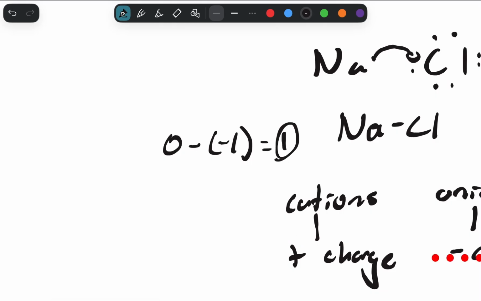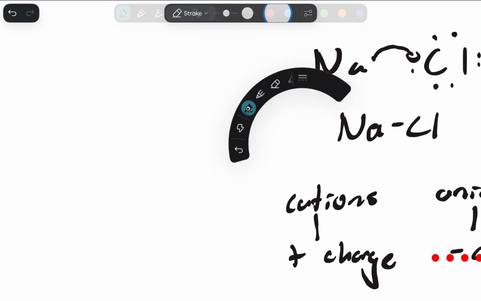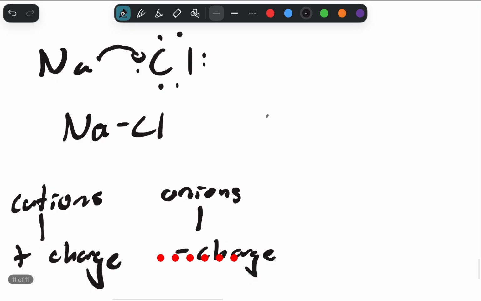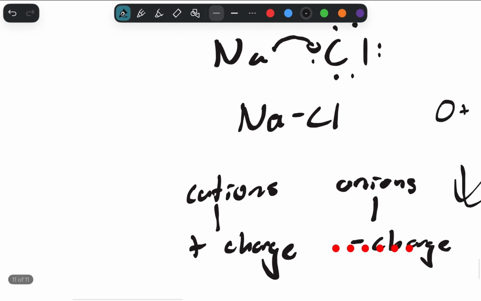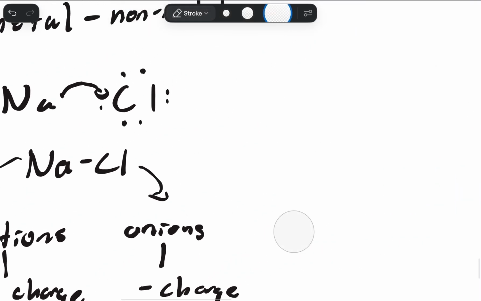So this will be the charge because it was neutral here, and then you took away the negative charge, which is the electron. Same thing with your nonmetals. You start at 0 and you add a -1 because you're adding the electron in, so you get -1. So it'll be a negative charge. So this is your anion and this is your cation. Let's draw that. Let's make it better.